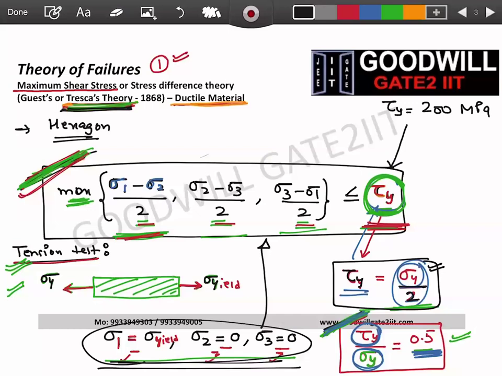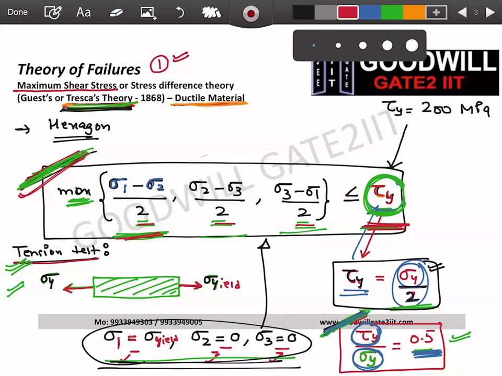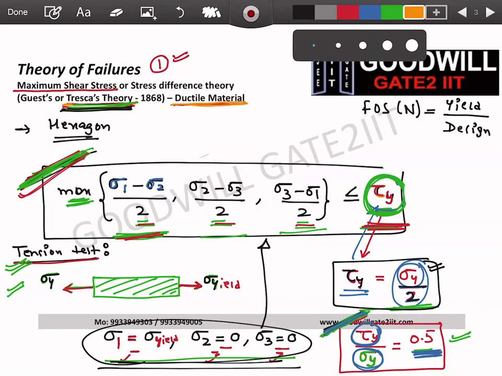This is a very dangerous system because you are designing your system till 200, right? So what people say in aircraft, don't design these things for yield stresses. What you do is factor of safety, which is denoted as N, is nothing but your yield stress divided by your design stress. Meaning, we will not design anything for yield.